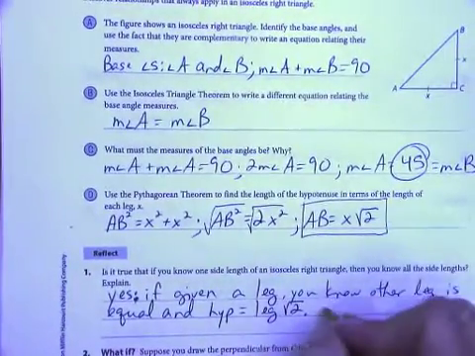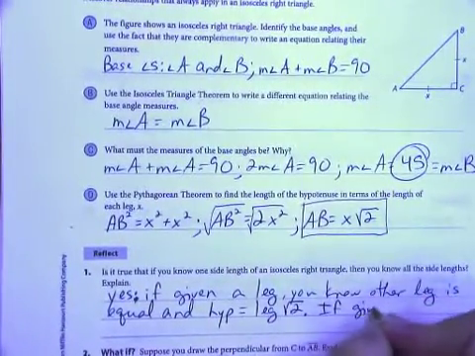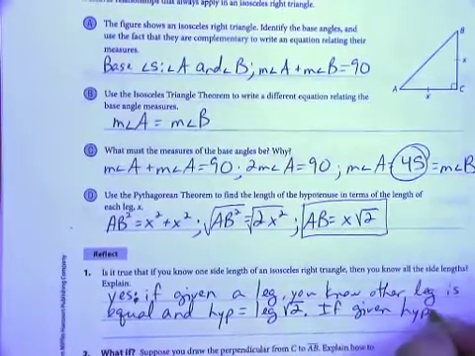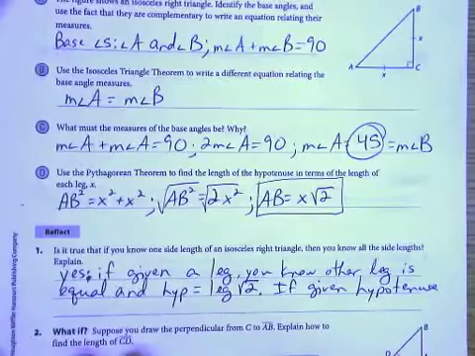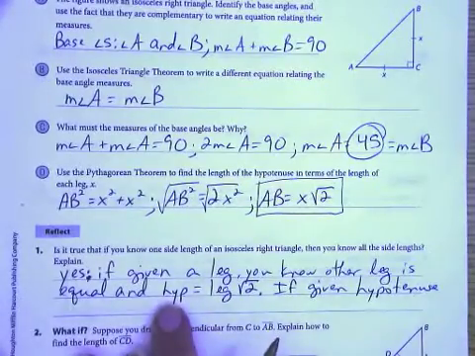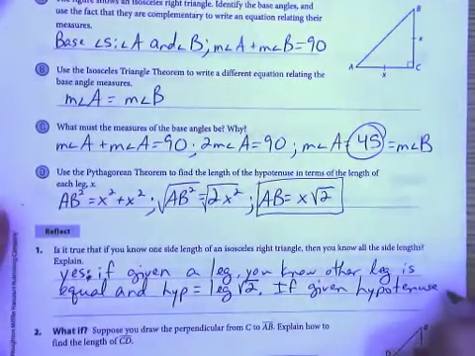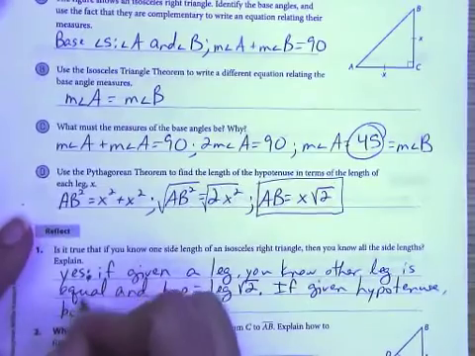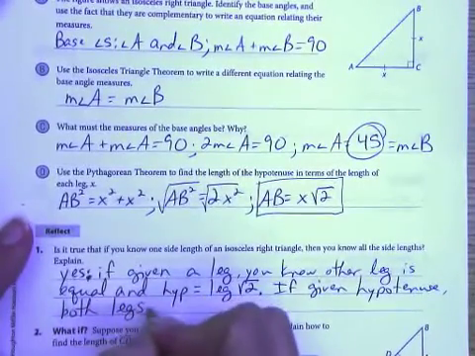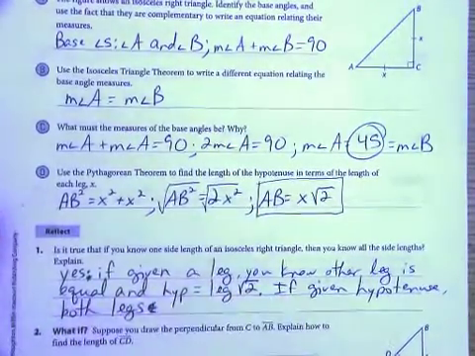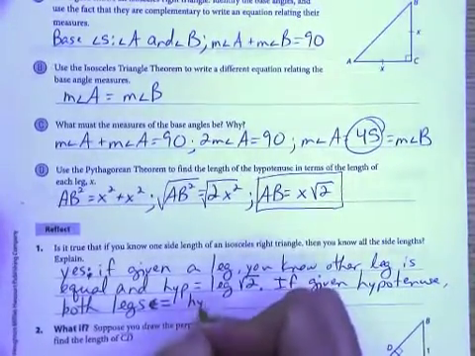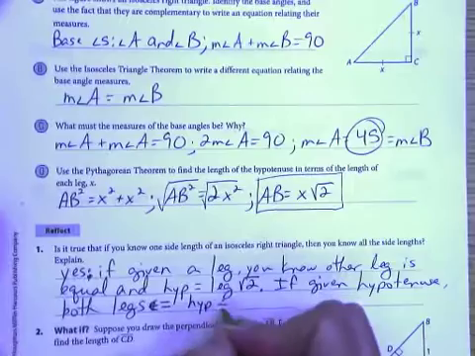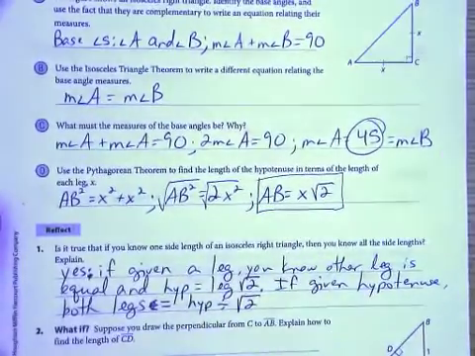If you know a hypotenuse, then I hope it would make sense that you'd be going in the opposite direction. If I know the hypotenuse, I would divide it by radical 2. Both legs equal the hypotenuse divided by radical 2.